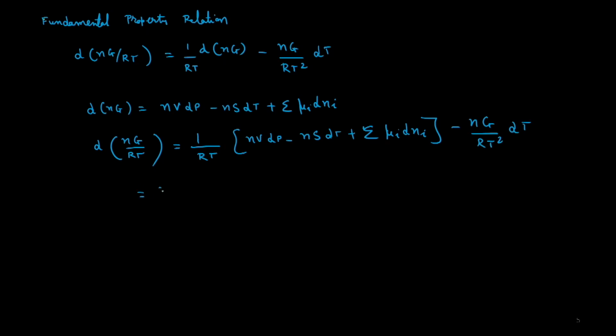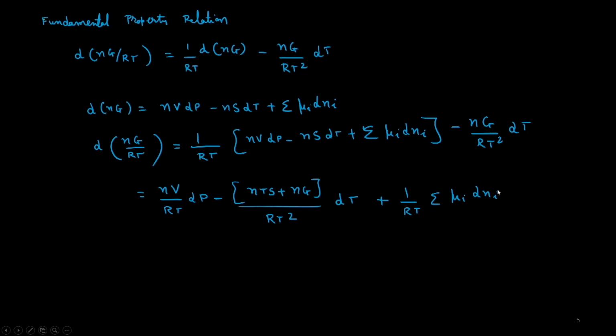We'll simplify this. What we get is nV over RT dP minus n times TS plus nG, all of it over RT square dT, plus 1 over RT sigma of mu i dNi. Right. And if you notice, n times TS plus nG is n of G plus TS, and because G is H minus TS, this will turn out to be nH.